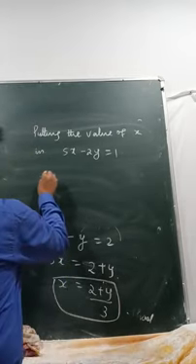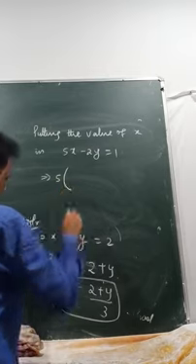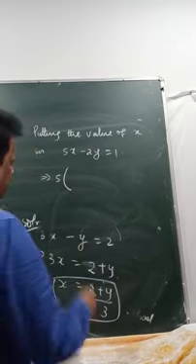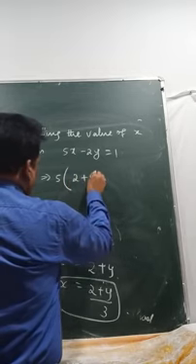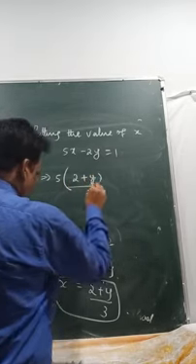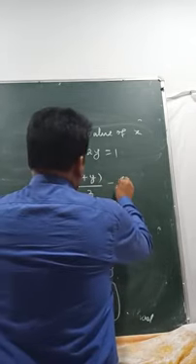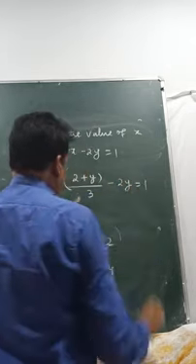So this implies 5 into x, which is 2 plus y by 3, I put the value of x here, minus 2y equals to 1.